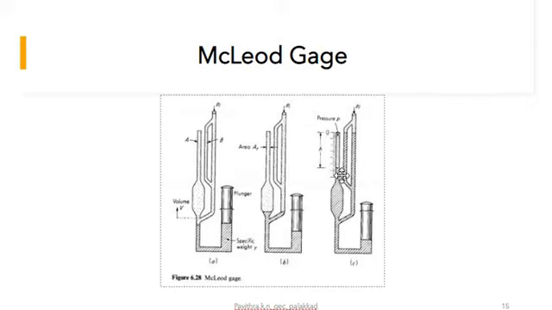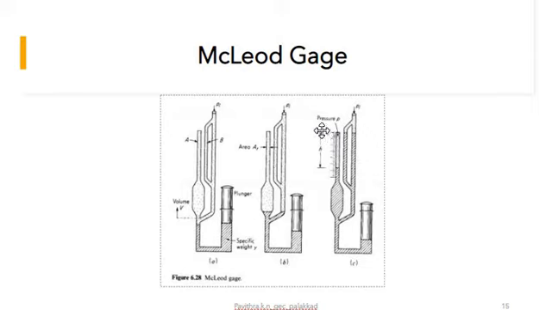If you further push down the plunger completely, it compresses the sample inside the bulb and capillaries, and the motion of the mercury continues until the mercury level in capillary B is at the zero mark.